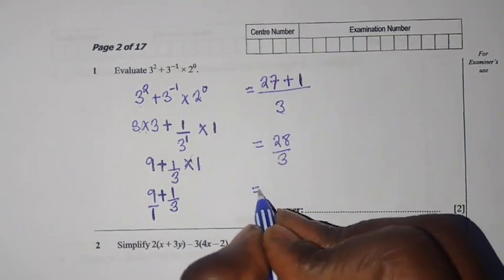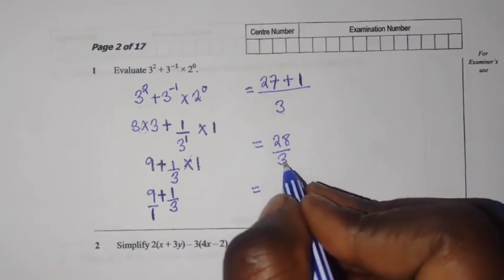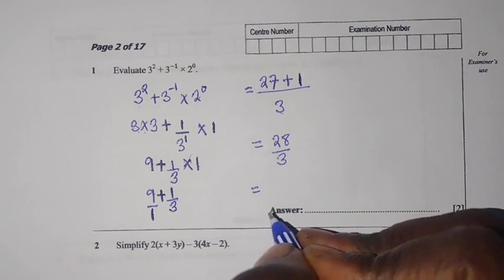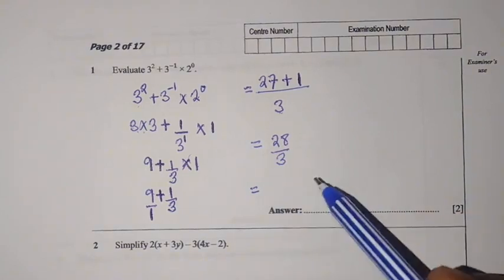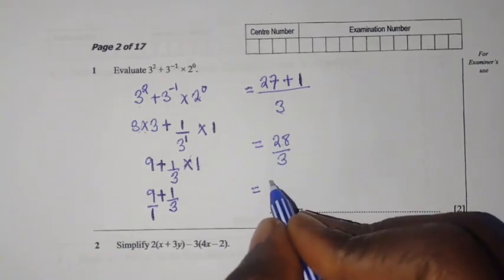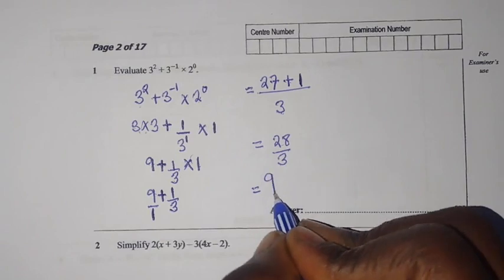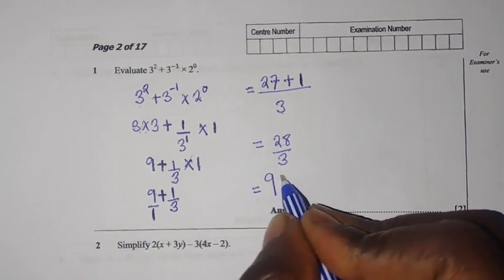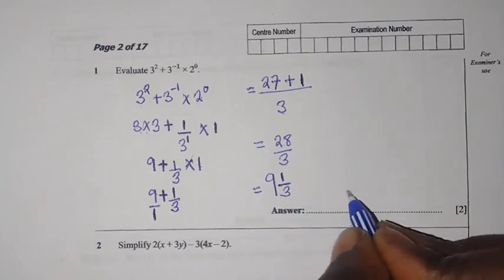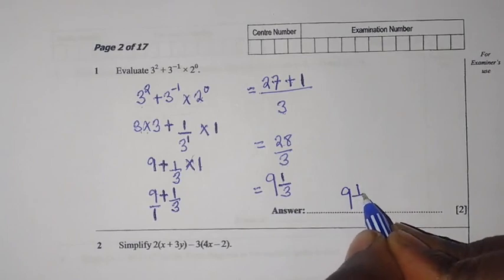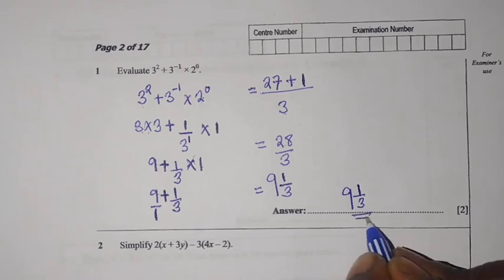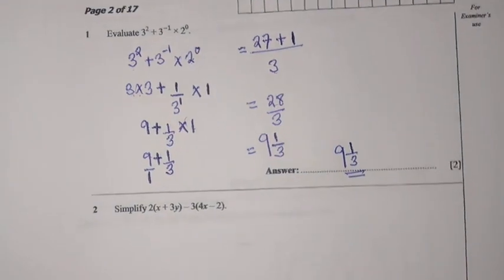We can leave it as a mixed fraction. 3 into 28 goes 9 times, because 3 times 9 is 27. So the remainder is 1 over 3. So this is our answer, 9 and 1 over 3. Okay, so we have answered our question 1.